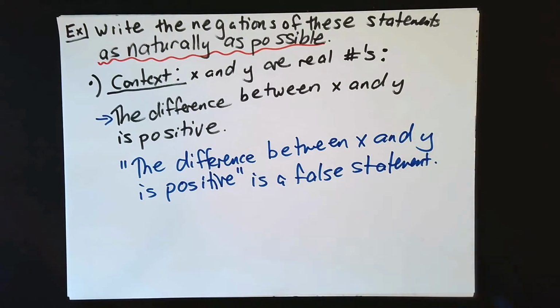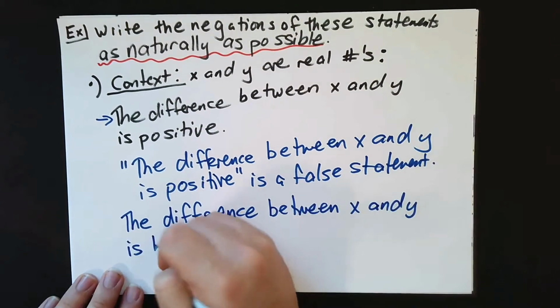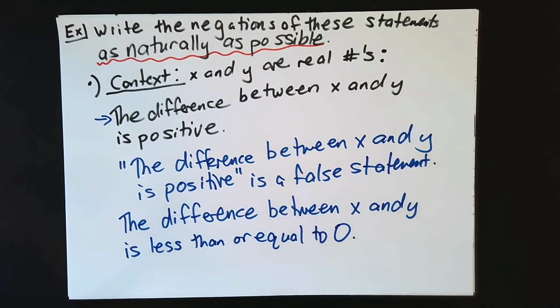Or, if you prefer, maybe you could write this as, it is not the case that the difference between X and Y is positive. So then I need to ask myself, okay, if I know the difference between X and Y isn't positive, then what is it? So then a really natural way to frame the negation of this original sentence is as the difference between X and Y is less than or equal to 0.